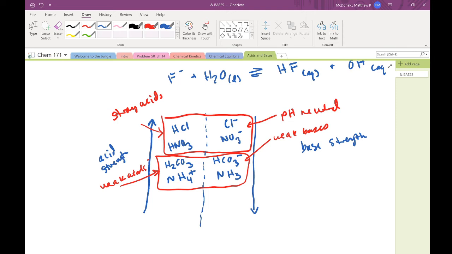Okay, let's move down to some strong bases. For example, S2 minus and O2 minus. These are very strong bases, and they produce HS minus and OH minus. Okay, those are the acid forms, or the conjugate acids.